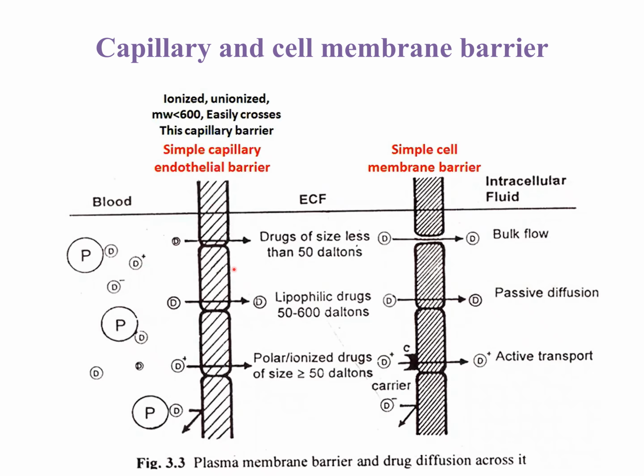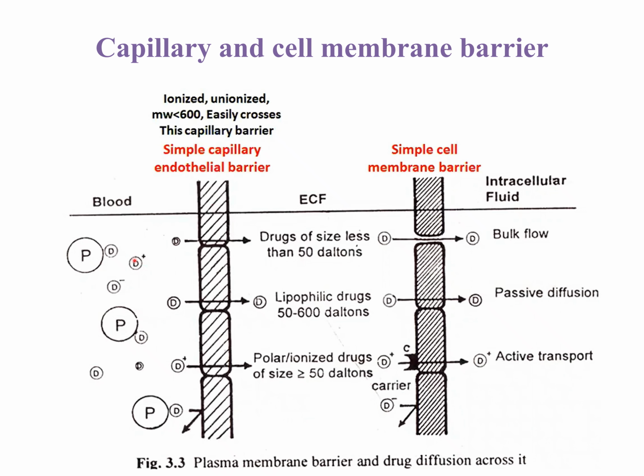We can see here, this is the blood and this is the cell. Between blood and cell, extracellular fluid is present. Between the blood and extracellular fluid, the simple capillary endothelial barrier exists, and between the ECF and intracellular fluid, or ICF, the simple cell membrane barrier exists. So how is the drug coming? The drug is coming through passive diffusion.